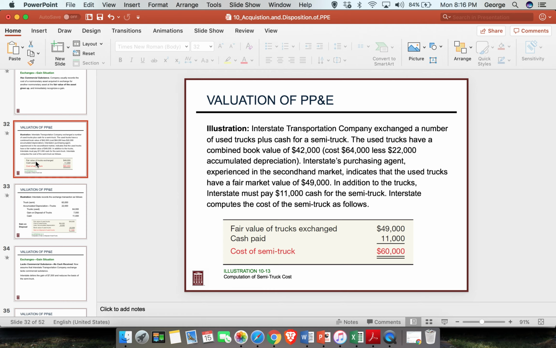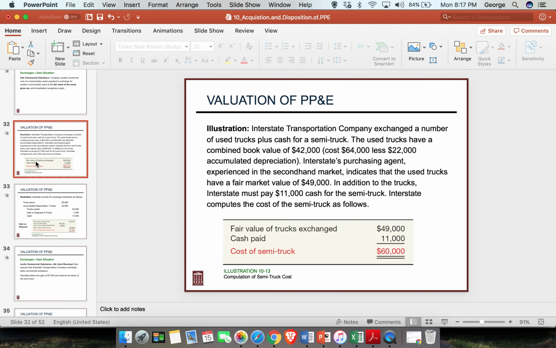The used trucks have a combined book value of $42,000. They cost $64,000, but there's $22,000 accumulated depreciation. Interstate's purchasing agent's experience in the second-hand market indicates that the used trucks have a fair market value of $49,000. In addition to the trucks, Interstate must pay $11,000 cash for the semi-truck.